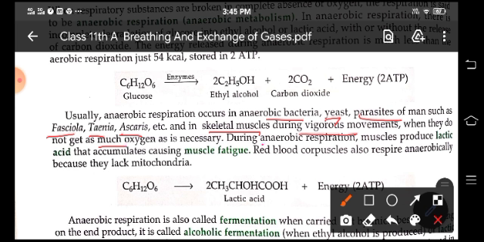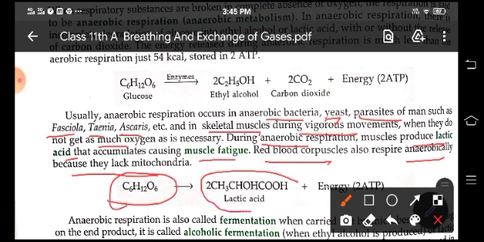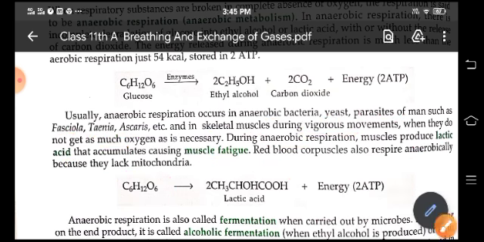During anaerobic respiration, muscles produce lactic acid, which accumulates and causes muscle fatigue. The red blood cells also respire anaerobically because they lack mitochondria. So glucose is converted into lactic acid and energy.